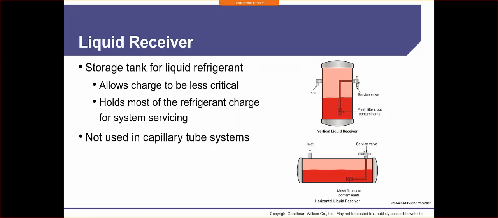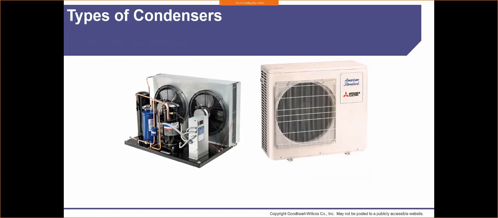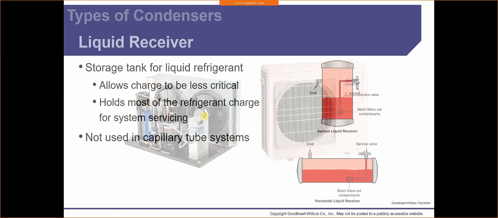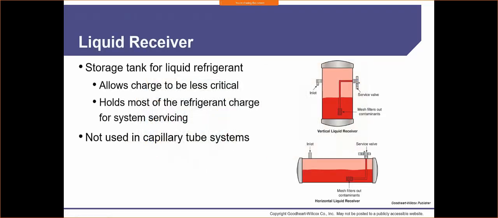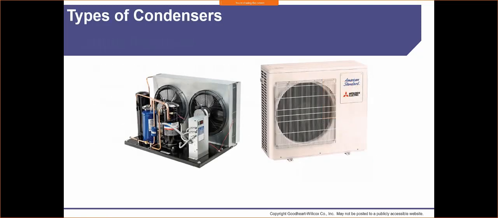So, liquid receiver, a storage tank for liquid refrigerant. If I back up here, this looks like a receiver here. I said separator. So the liquid receiver is a storage tank for liquid refrigerant. It allows the charge to be less critical. It holds most of the refrigerant charge for system servicing. So if we go back really quick, critical charge, what's that?